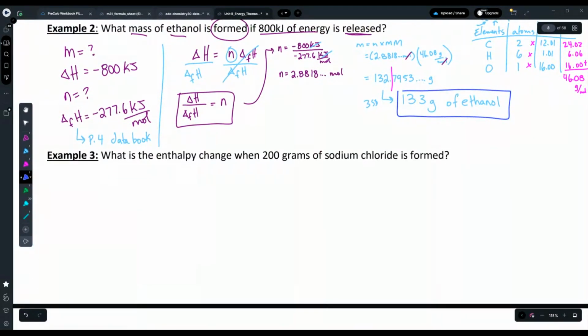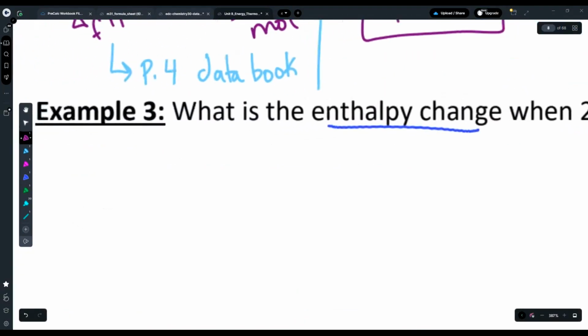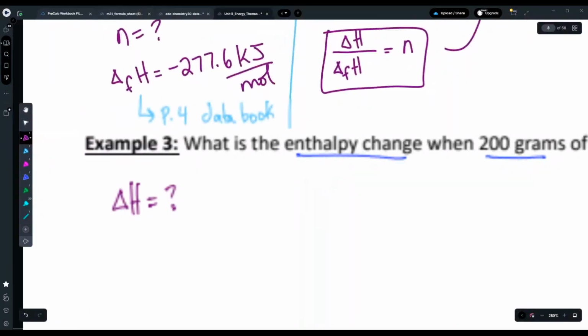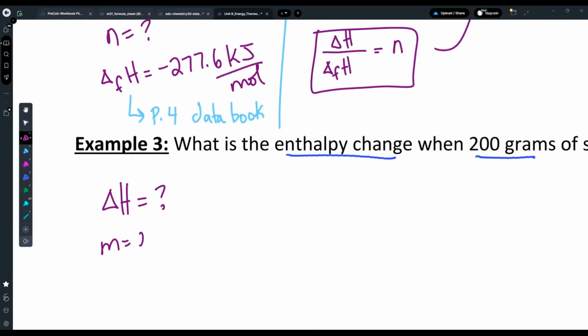Okay. Last example here. What is the enthalpy change when 200 grams of sodium chloride is formed? Okay, so let's do our list of givens. Enthalpy change, that's what the question's asking for. It says 200 grams for our mass.